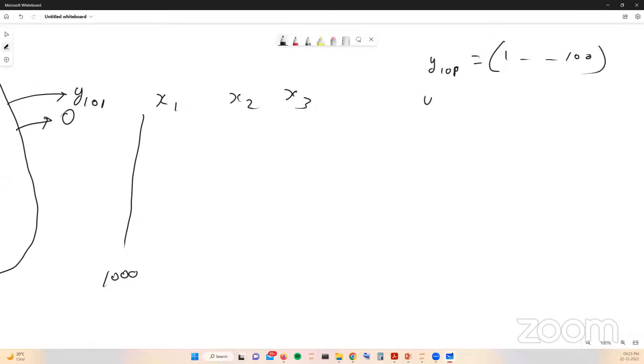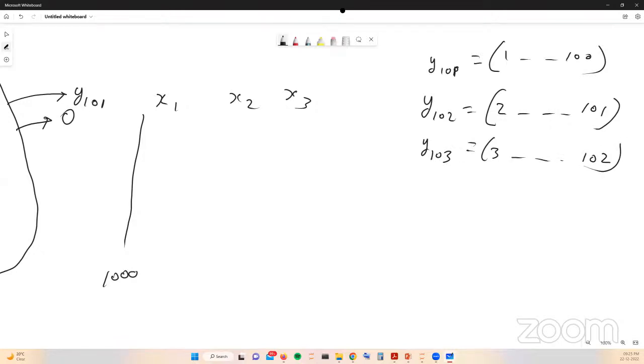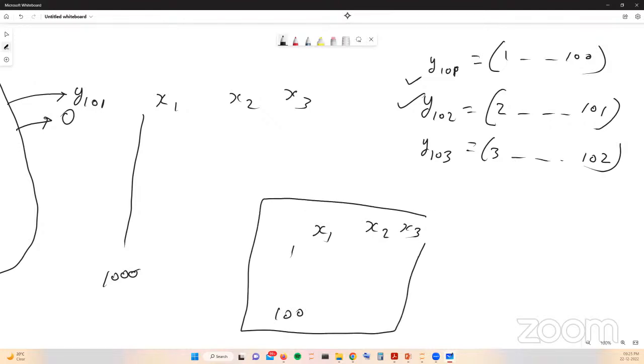In a similar way, my 102nd day condition will be dependent on the last 100 days again, days 2 to 101. My 103rd day Y will be dependent on the last 100 days again. So I have to make my batches in this way. So I will take X1, X2, X3, the first 100 days data, and I will make one batch of it.